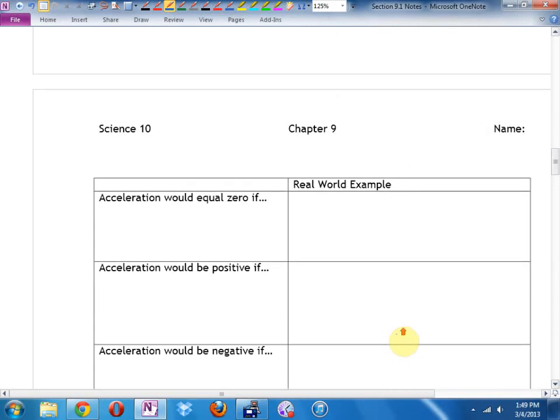So since we just turned the page, let's write our acceleration equation right here. When would acceleration equal 0?